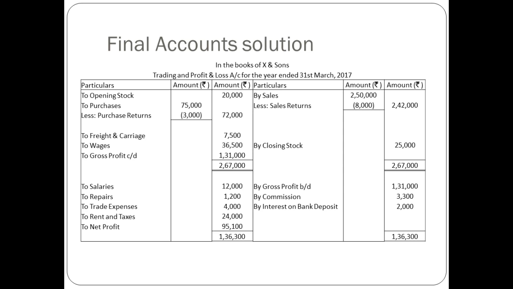What we have studied in the presentation, the trading account and profit and loss account is clubbed together and displayed on the screen. Go through it and you will find all the items that have been taught and posted in the respective accounts finding their place here, and none of them have been altered. The resultant is the net profit 95,100.